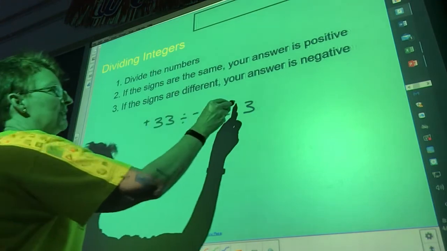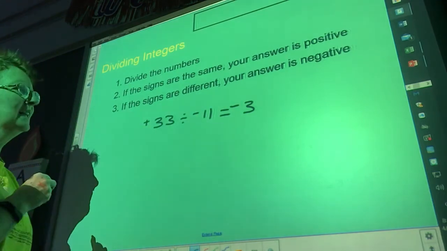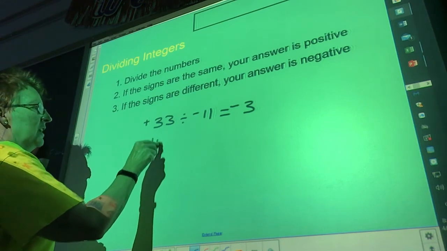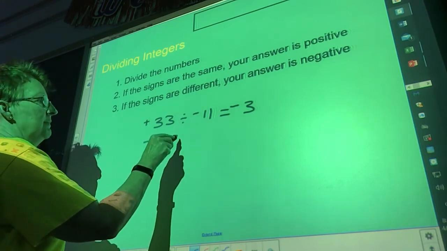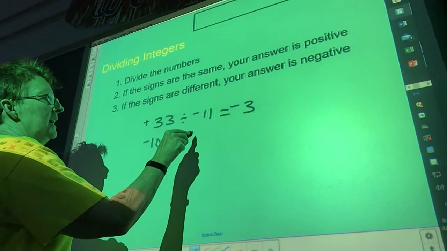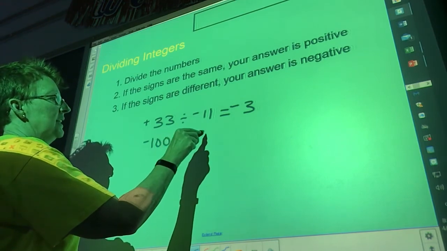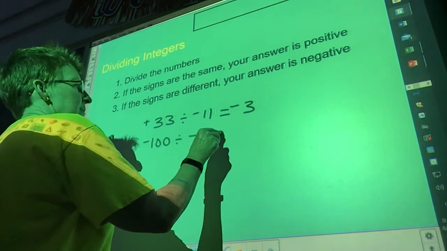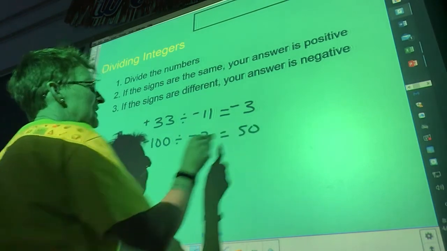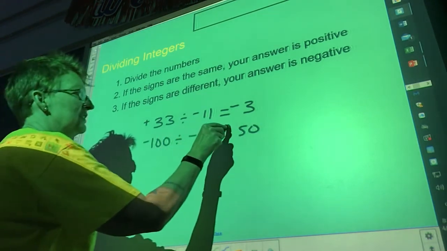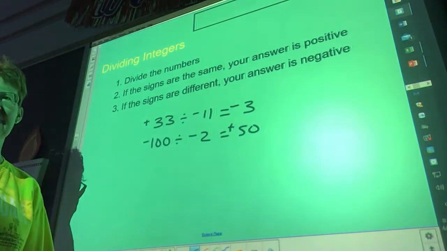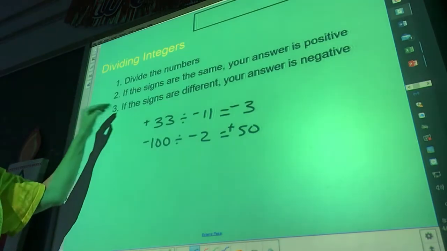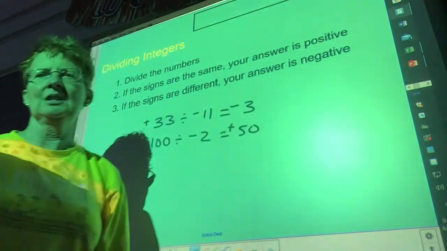My signs are different, so my answer is going to be negative. Let's do another one. I have negative 100, and I'm dividing it by negative 2. 100 divided by 2 is 50. The signs are the same, negative, negative, so my answer is going to be positive. So if the signs are the same, your answer is positive. If the signs are different, your answer is negative.